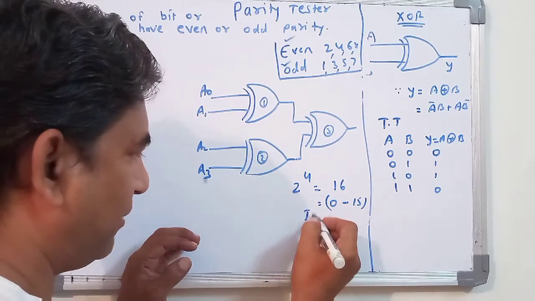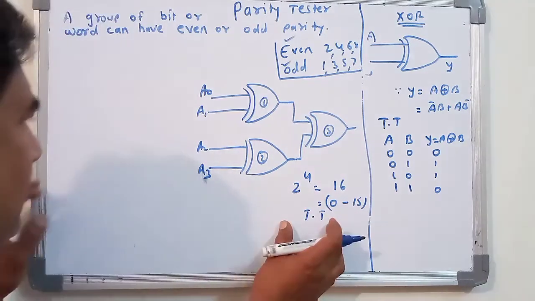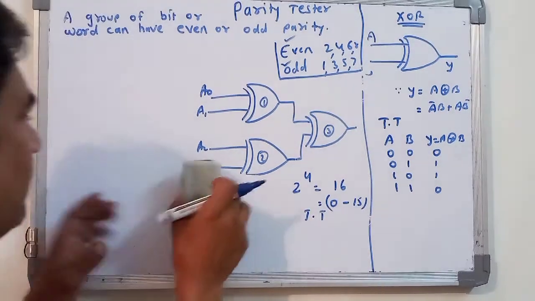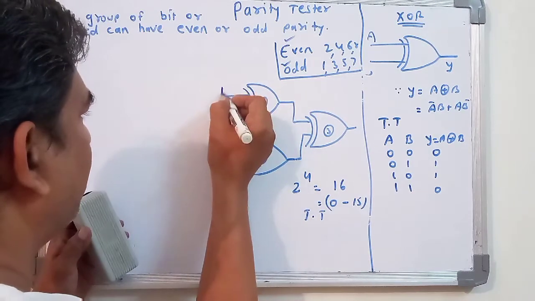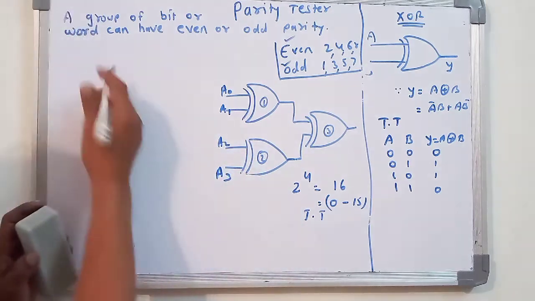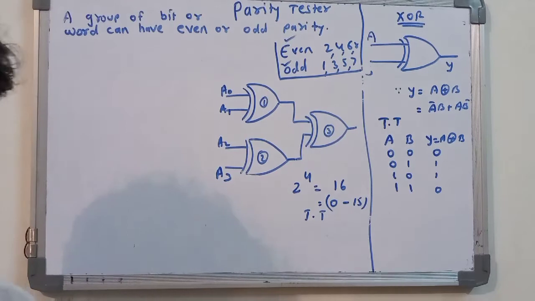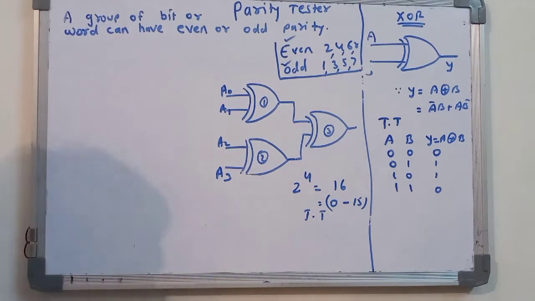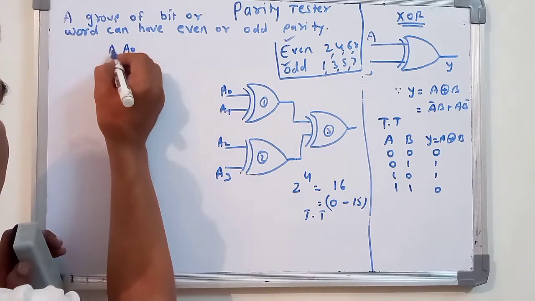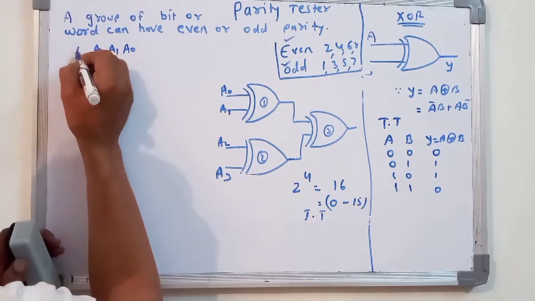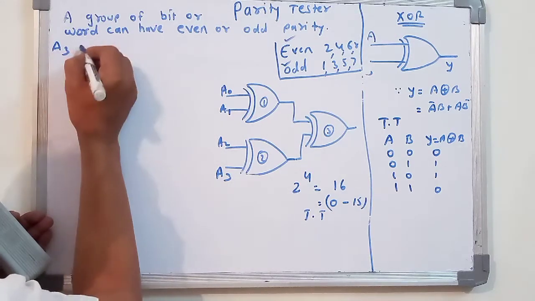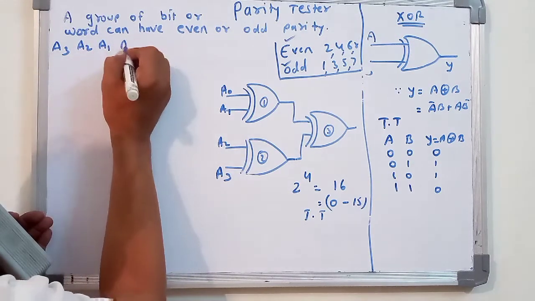This truth table you have to draw; I will draw it here. The truth table has to be drawn like this: A0, A1, A2, A3, here A3, A2, A1, A0.